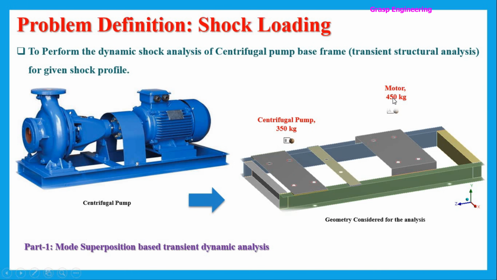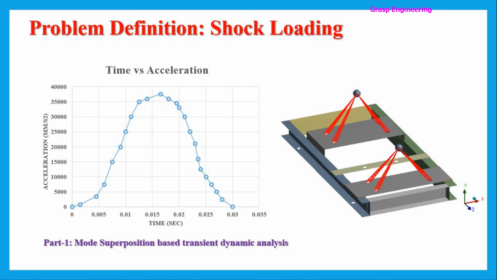The motor is 450 kg, so we will idealize it using a point mass and connect it to the mounting location. Here we will use the second method, that is mode superposition transient structural simulation.